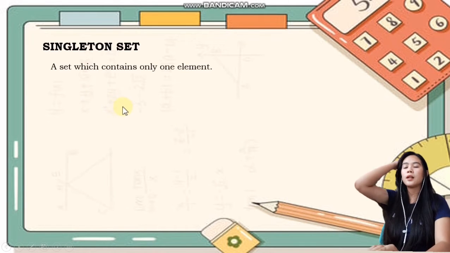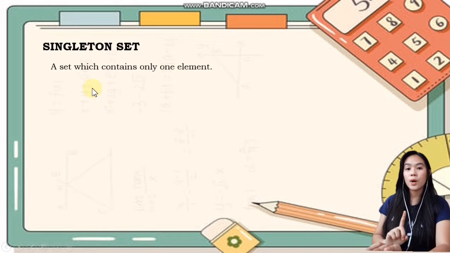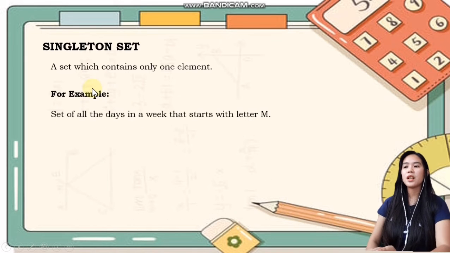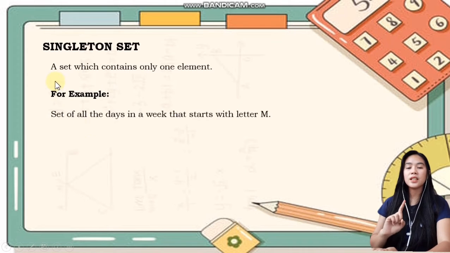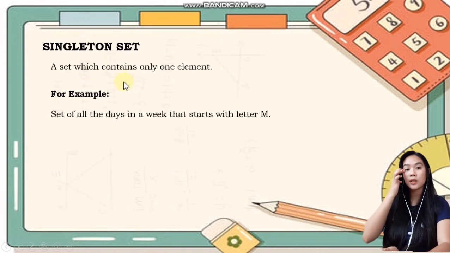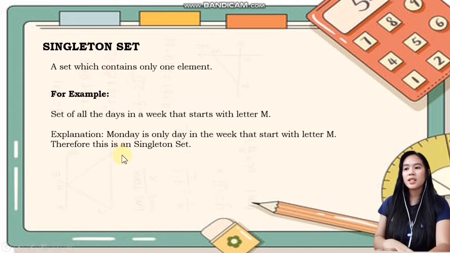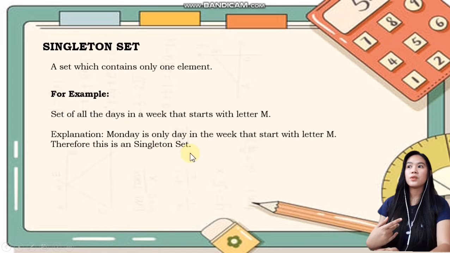Sa set natin, nagko-contain lang siya ng one element. So ayan. For example, the set of all the days in the week that start with letter M. Bakit tinawag na singleton set itong example na ito? Because Monday is the only day in the week that starts with letter M. Therefore, this is a singleton.